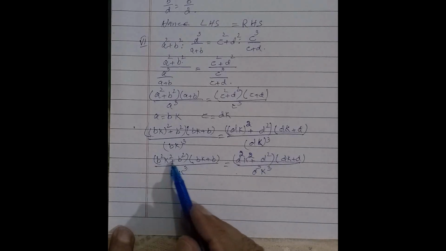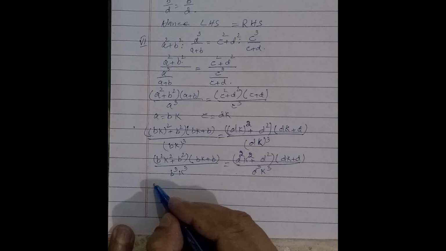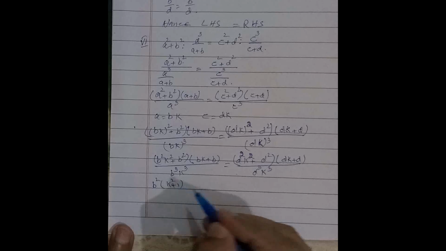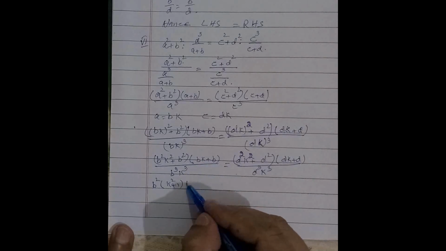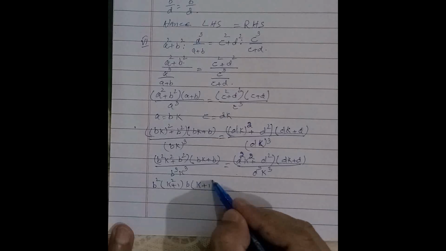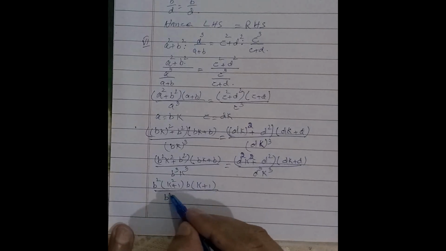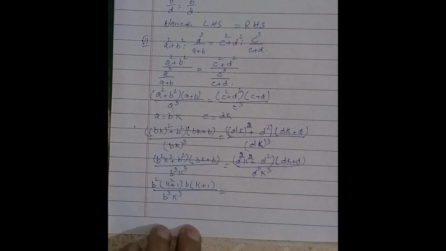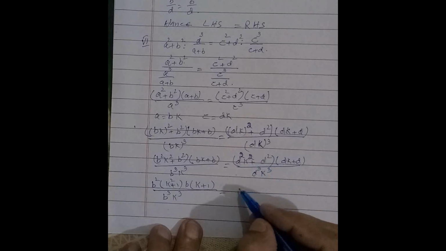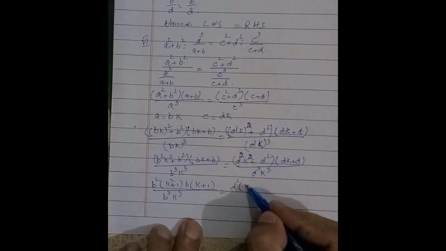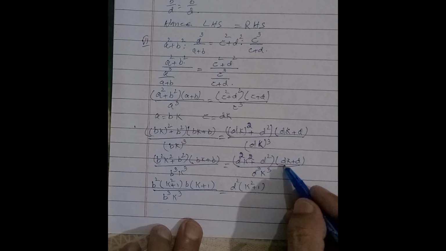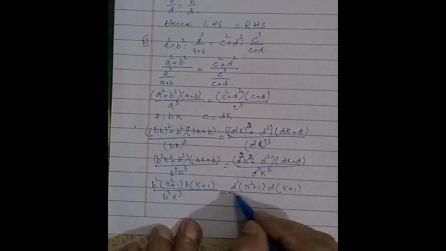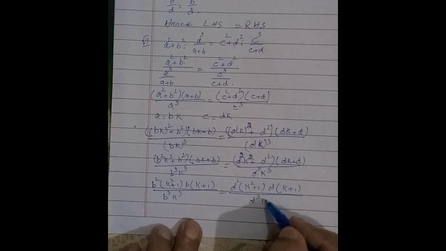We take common b^2 from the first bracket, the remaining is k^2 + 1, and in this bracket we take b, the remaining value is k + 1, over b^3 k^3 is equal to, take common d^2, the remaining value is k^2 + 1, and take common d, the remaining is k + 1, over d^3 k^3.